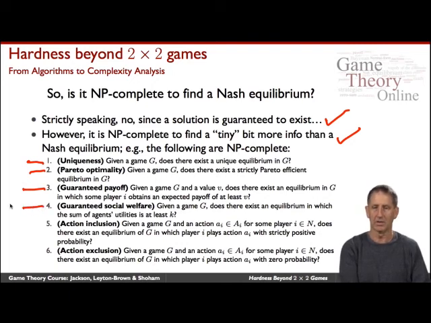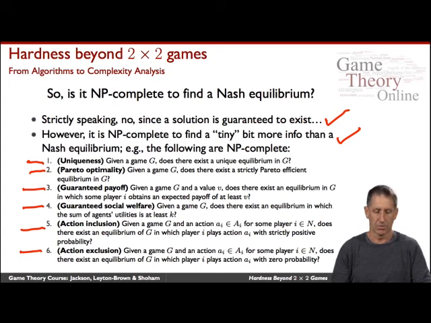Or can we guarantee some minimum social welfare in a Nash equilibrium? Does there exist a Nash equilibrium that includes some pure strategy, some action of the player in it? Or conversely, that does exclude it? All of these and others are examples of questions that are provably NP-hard.